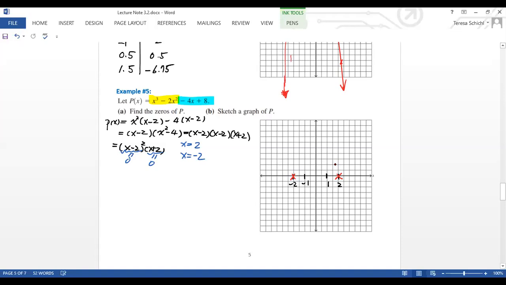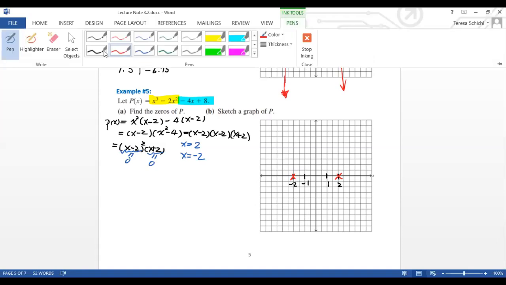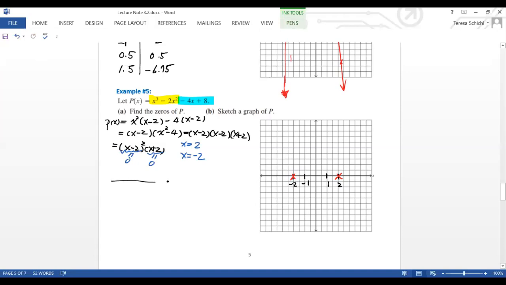Okay, so when I go through here, let's see here. Now I need to do the test point. This is f of x here. I choose something on each interval. So less than 2, I choose -3.